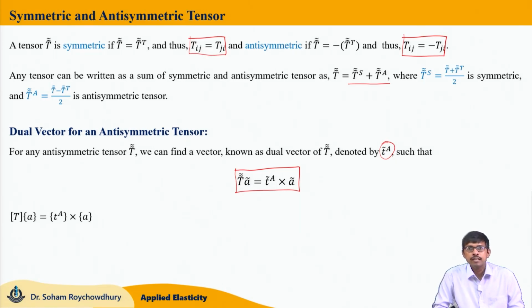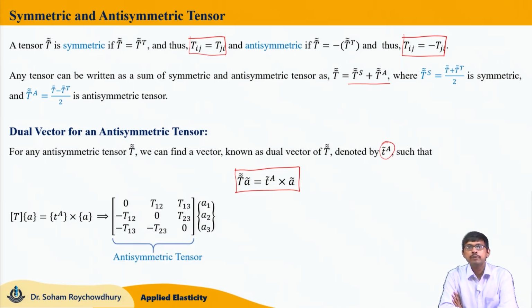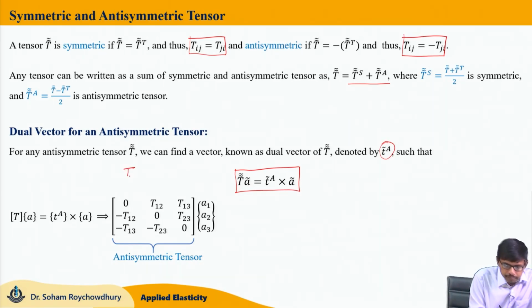Now, if I expand this in the matrix form, all these three equations, then component-wise the anti-symmetric tensor T can be written like this. For the anti-symmetric tensor, it must satisfy this property, Tij is minus Tji.